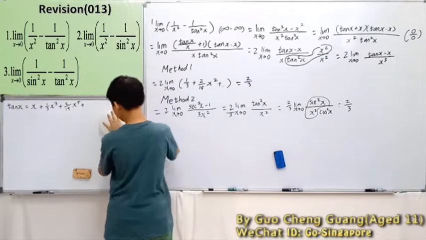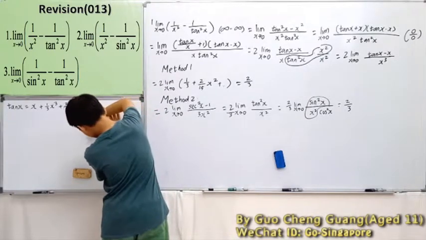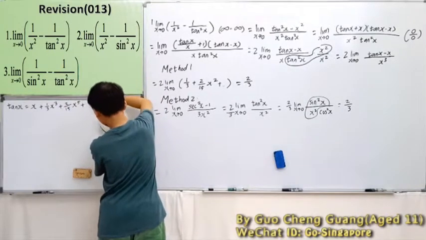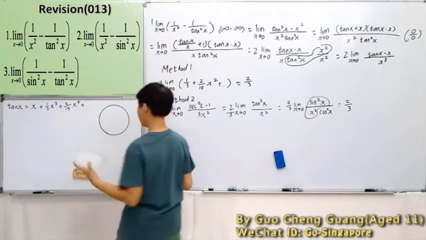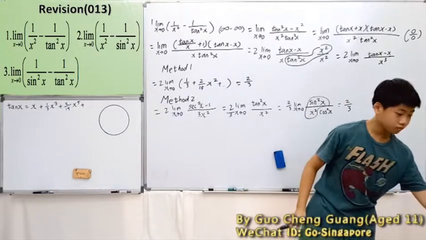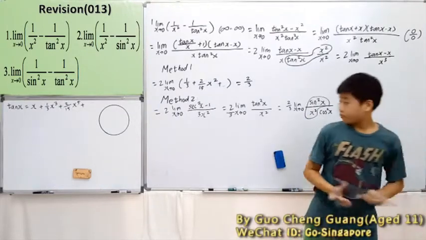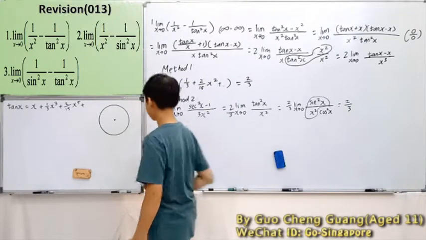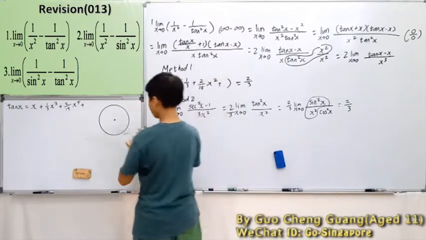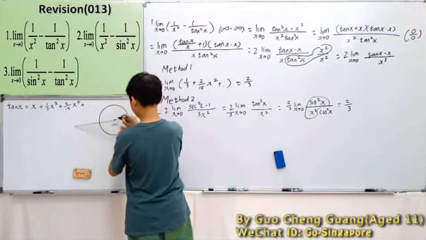And for example, this is a unit circle. From this unit circle, if we say this is its center, you can have its radius.